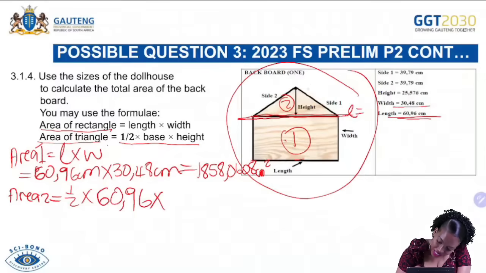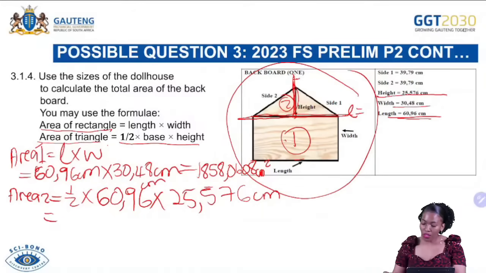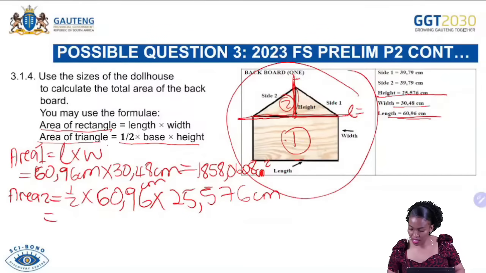60.96 times the height. This is our height here, and the height is given as 25.576. All these are in centimeters. So we punch in our calculators. Half multiplied by 60.96.